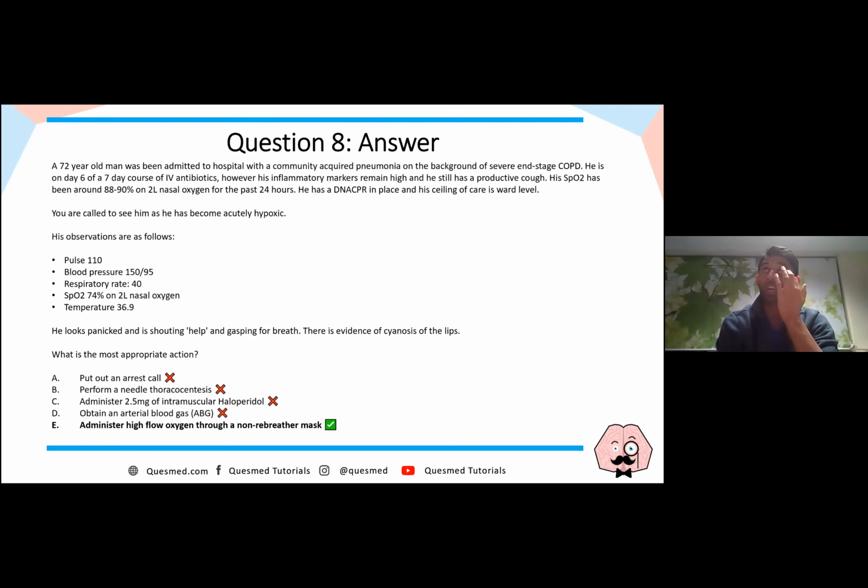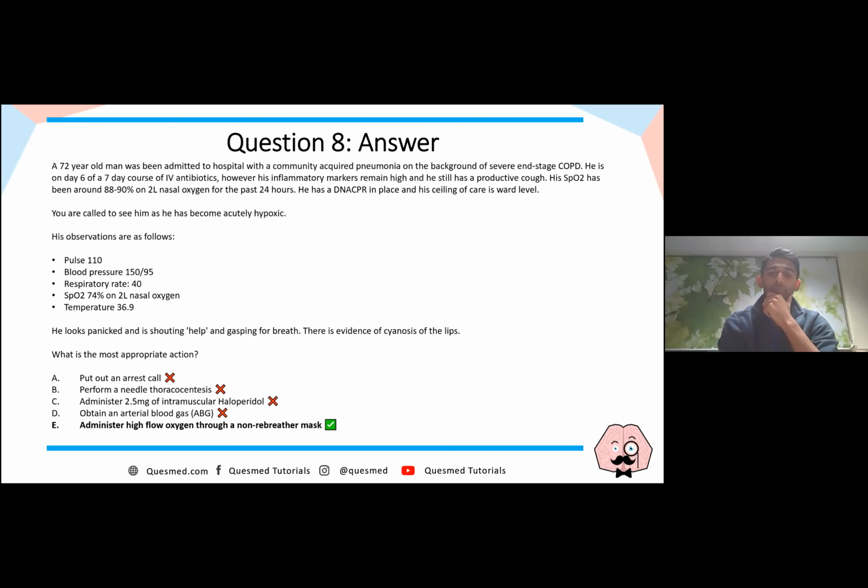Now, in general, non-rebreather masks, I'll be honest, when I was in final year of med school, I thought it would be much more common when you see people who are acutely unwell. But you can achieve very high fractions of inspired oxygen and flow rates with a Venturi mask. You can go 10 liters a minute, get 60% FiO2, and for most indications, that is going to provide enough oxygen in the first instance.